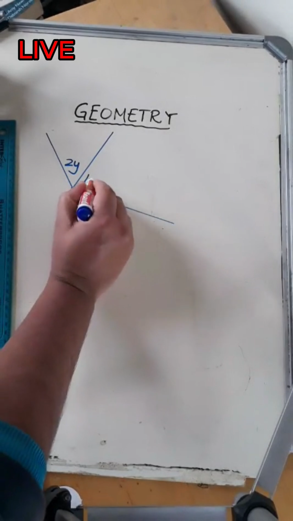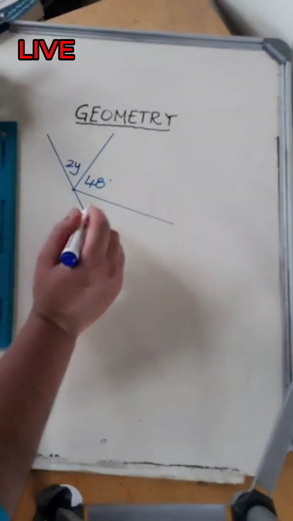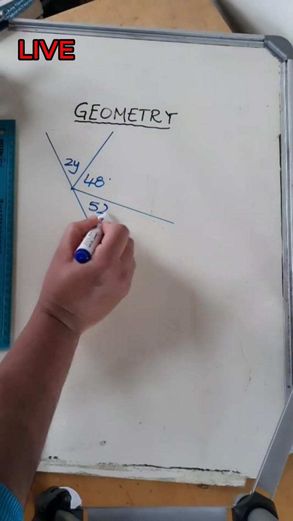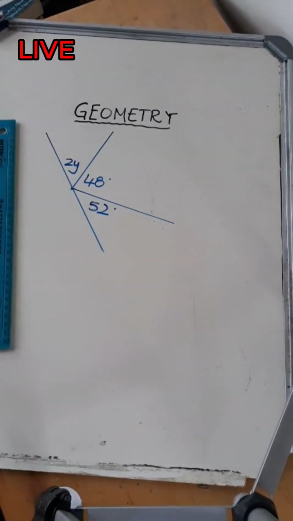This is 48 degrees. This is 52 degrees. And we ask here, what is the value of y? Okay, this is a y here.